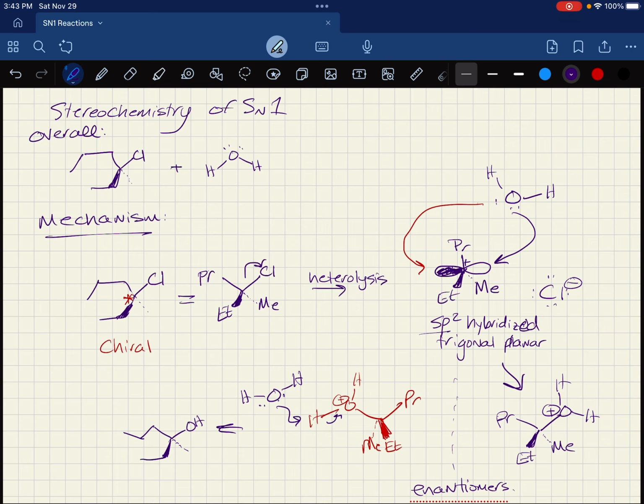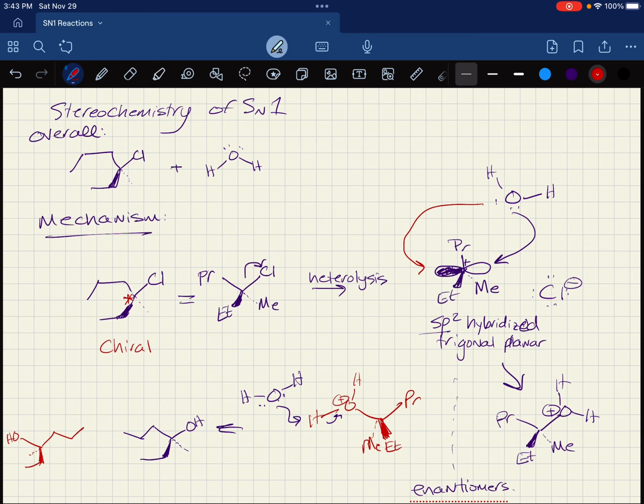That'll be one product, and then the other product will be this one. Again, these are going to be enantiomers.